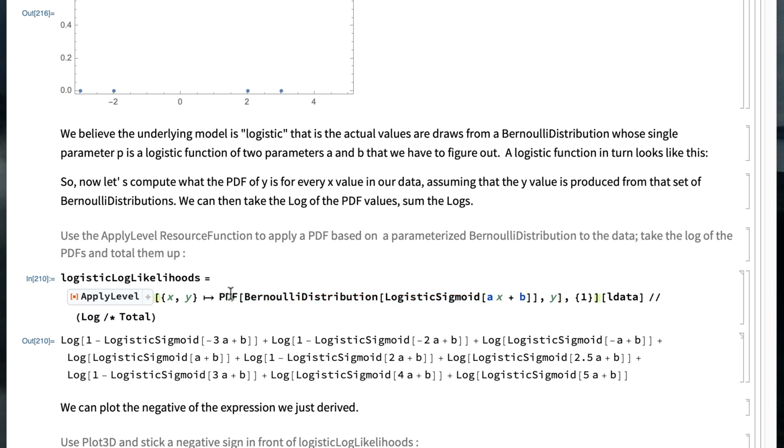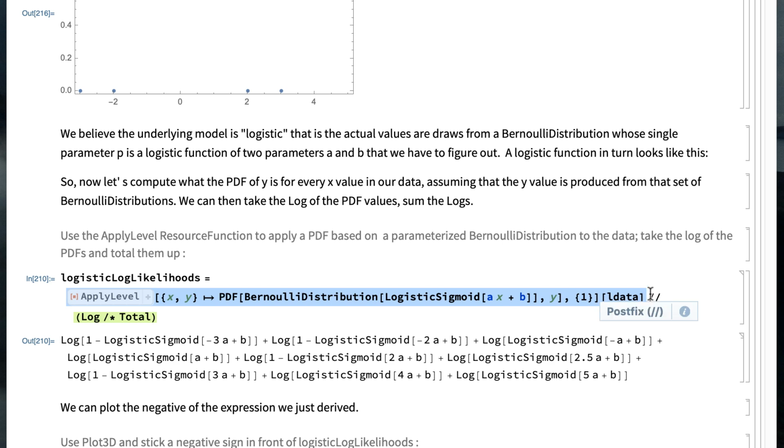We're going to compute the PDF of the Bernoulli distribution at y. And that's going to give us the likelihood that a particular y value would exist if the underlying distribution was a logistic sigmoid of ax plus b. So I'm going to do that in this part of the code here.